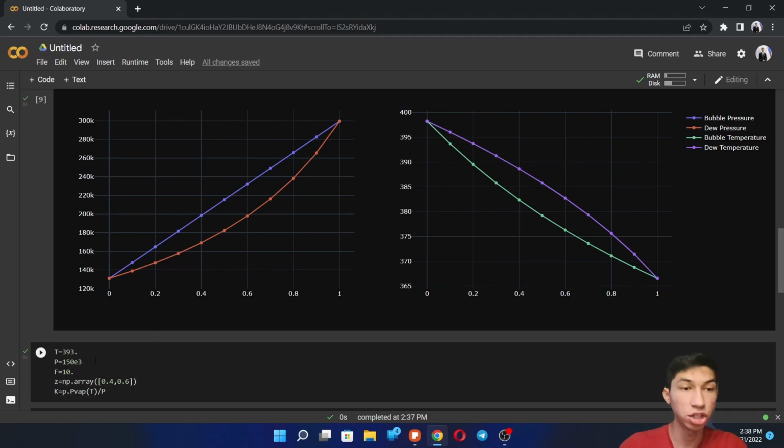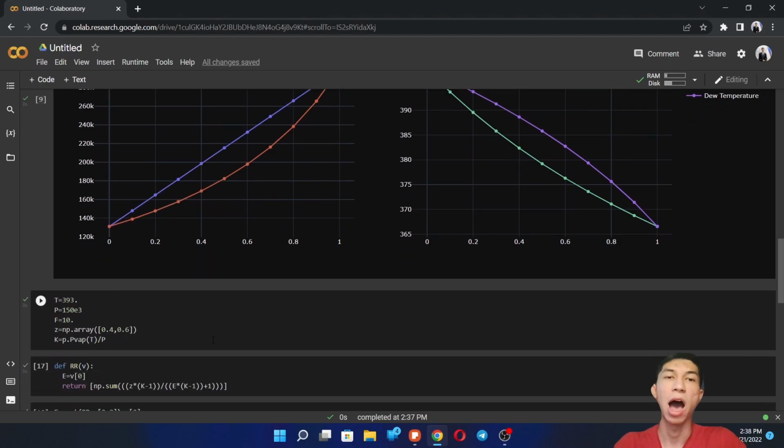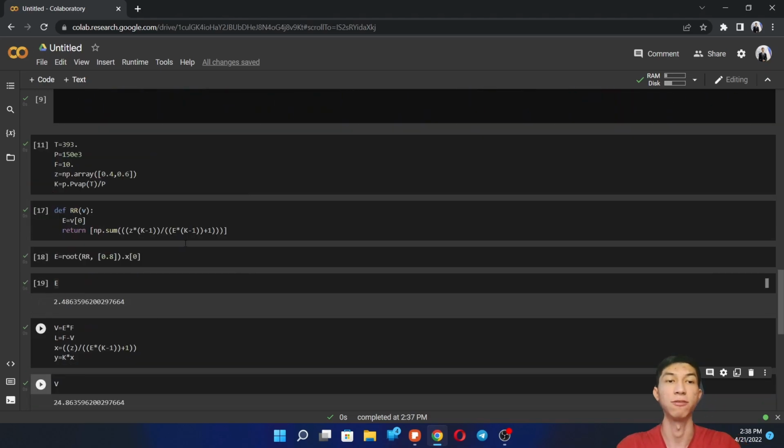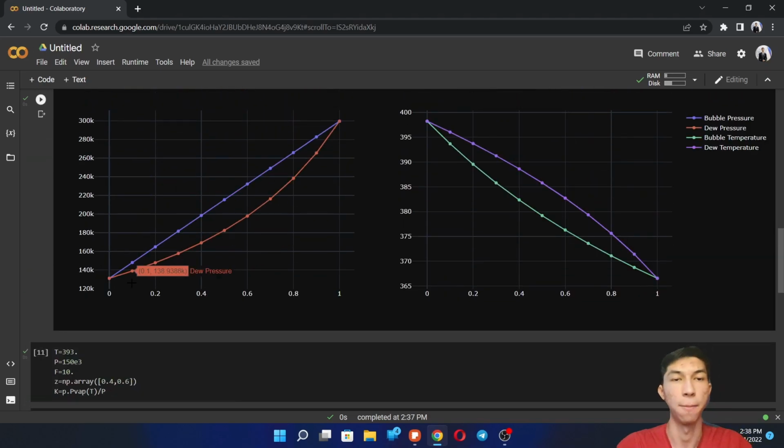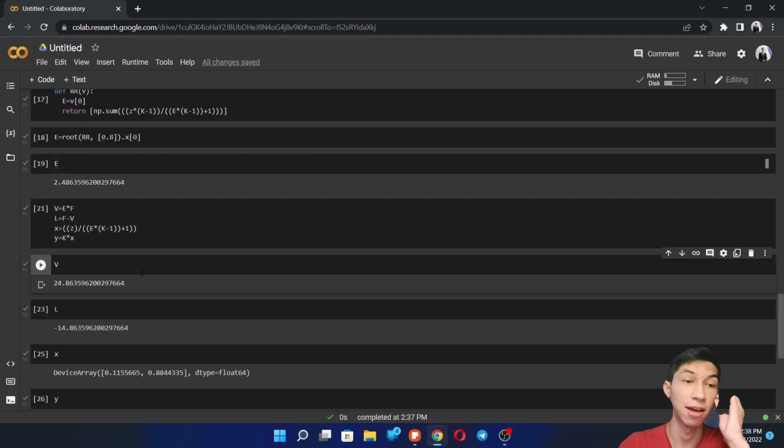And if we go to the pressure, 0.4 to 150, it is below our curve, which means our Rachford-Rice equation is not valid at this specific temperature and pressure.